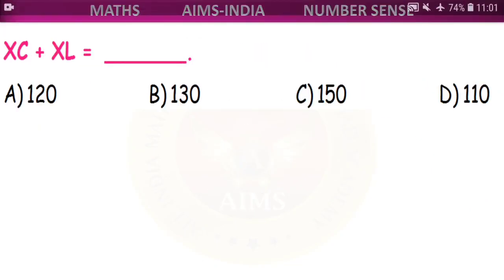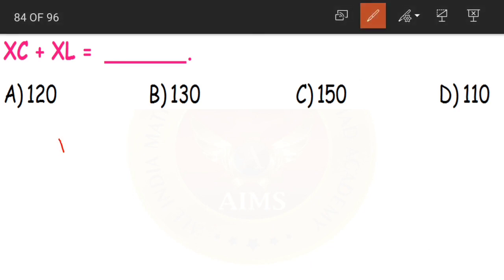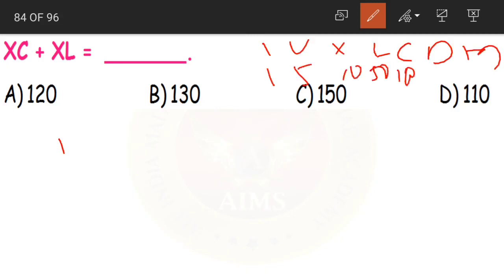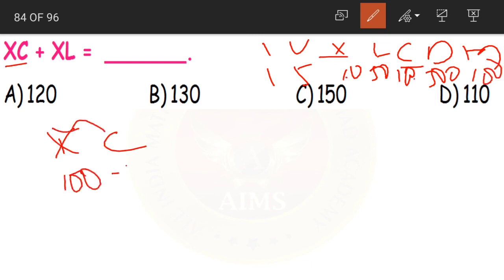XC plus XL is equal to. Again let us write the Roman chart here: 1, 5, 10, 50, 100, 500 and 1000. Now what do we have? XC. XC means 10 and 100. Now the smaller number is to the left, so it becomes subtraction. 100 minus 10 becomes 90.